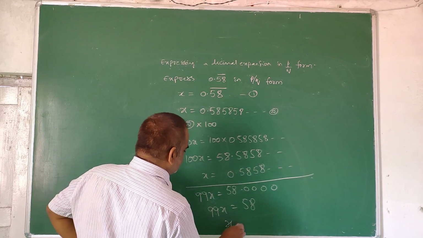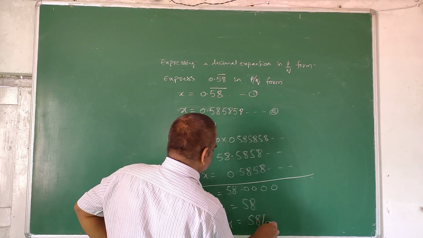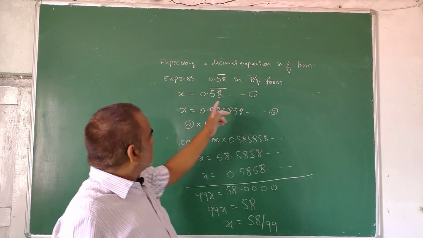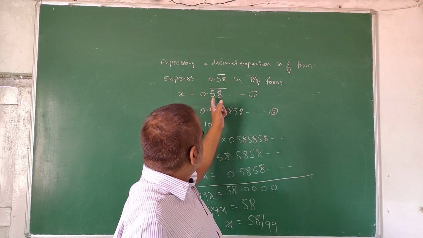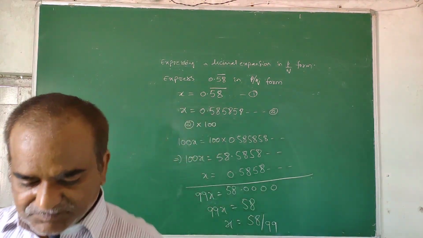So x is equal to 58 by 99. So this is how we can express a non-terminating recurring decimal in P by Q form. Okay.